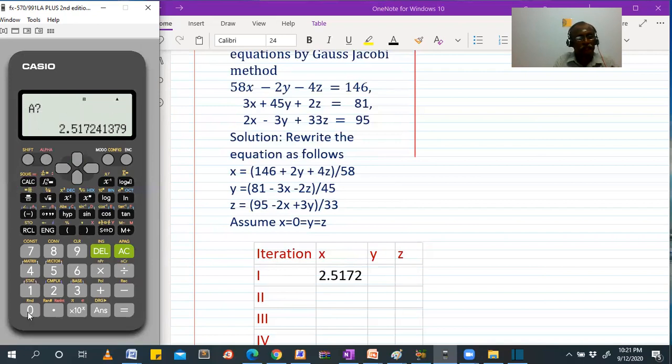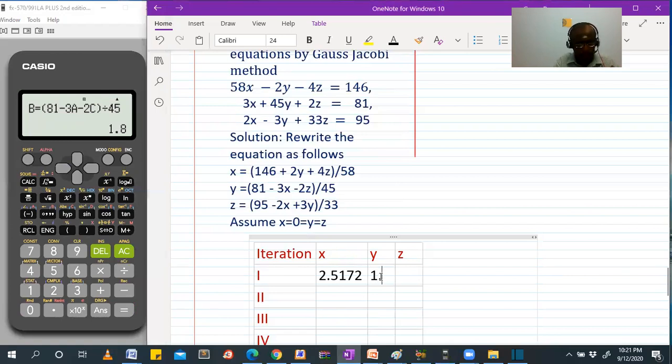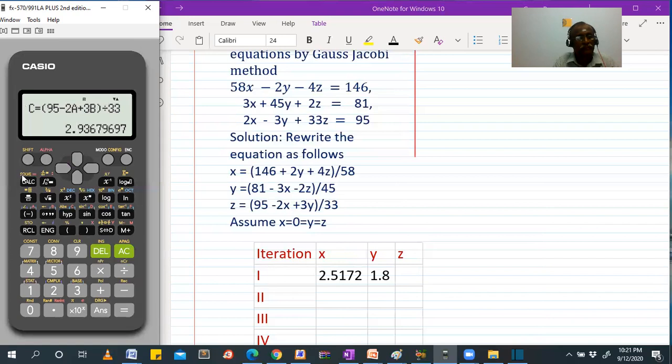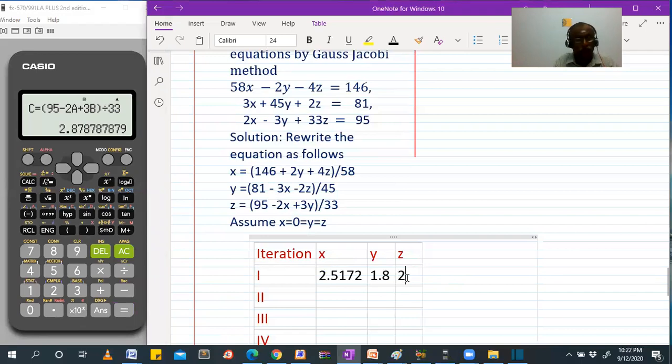Calc a is 0, c is also 0. This gives 1.8. And for z, calc a is 0, b is 0. This gives 2.878788.